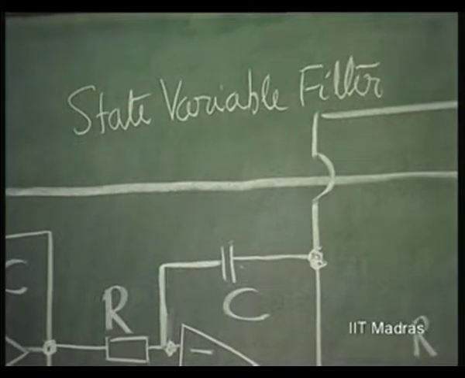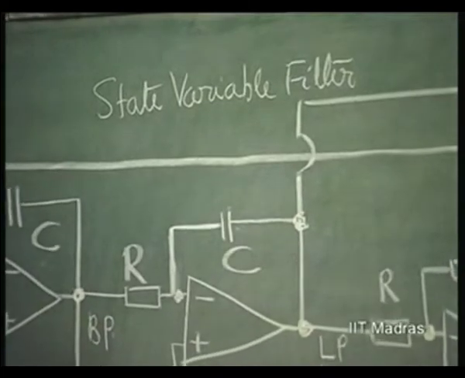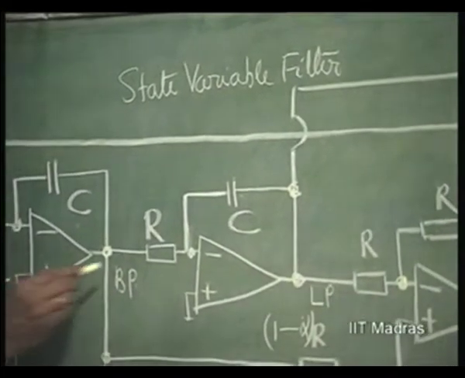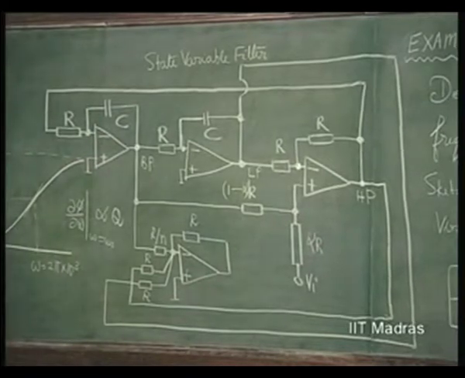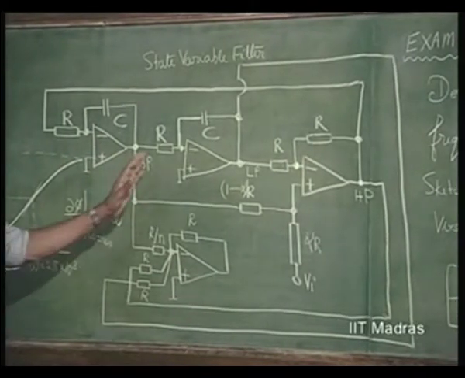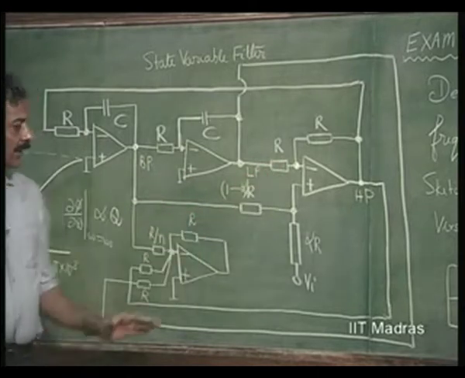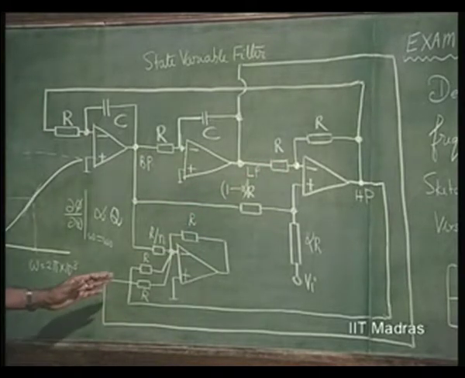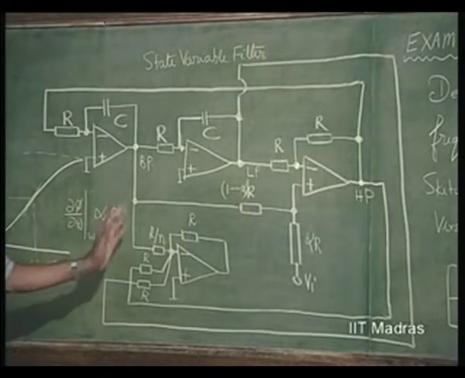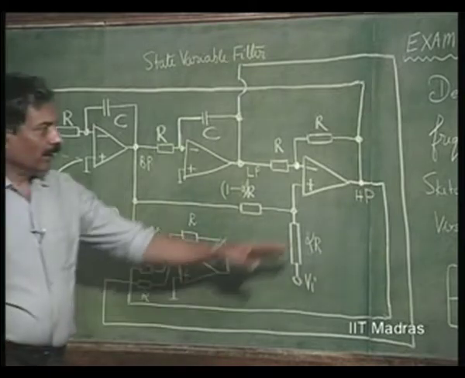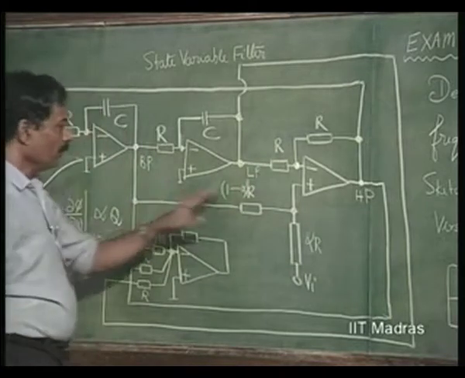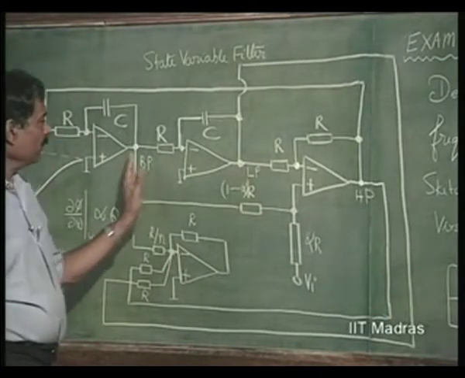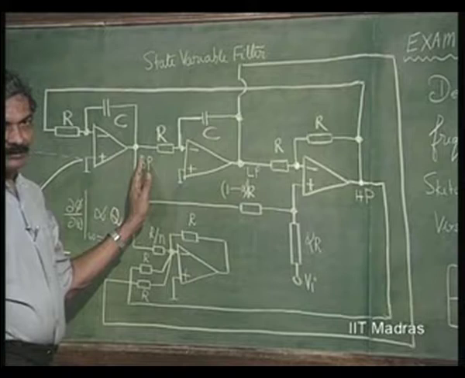So, how do we therefore get this all pass function? We know that band pass, low pass, high pass outputs can be obtained at the outputs of these three operational amplifiers in the case of the state variable filter. So, we have to simply add these, because high pass comes without any sign change, low pass comes without any sign change, band pass already has a sign change.